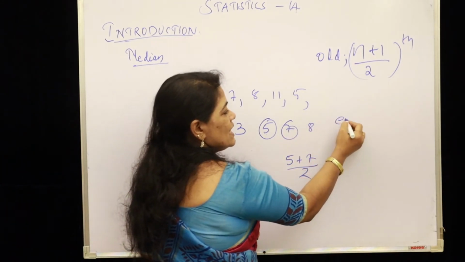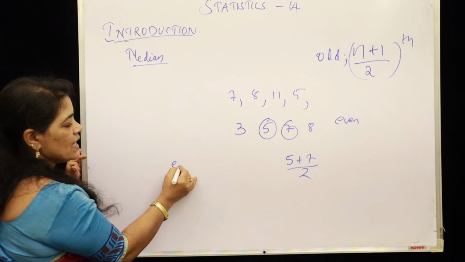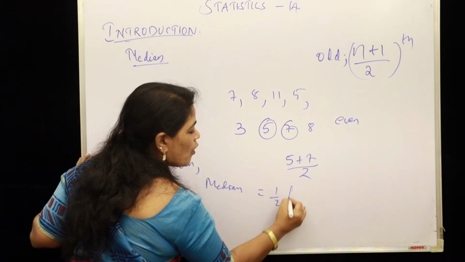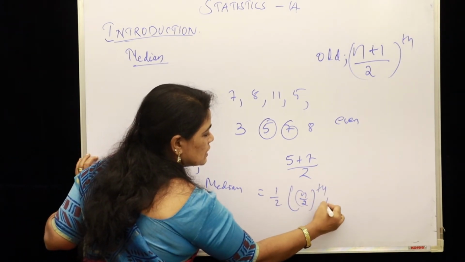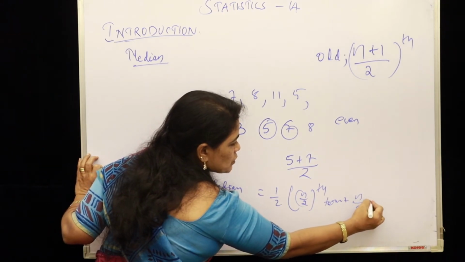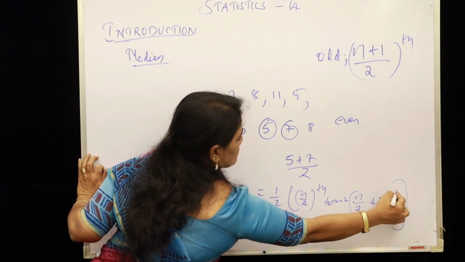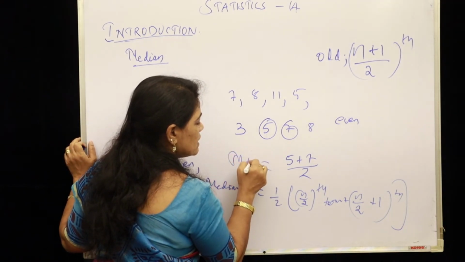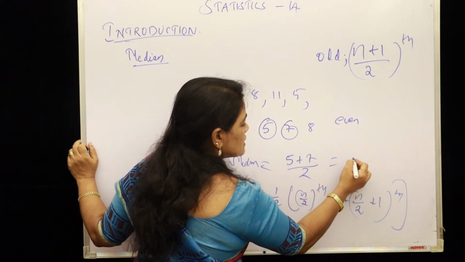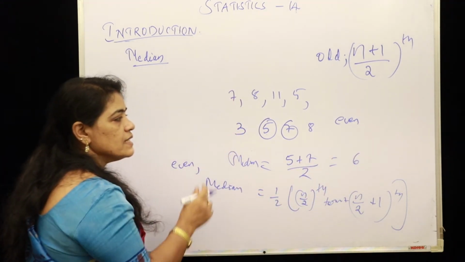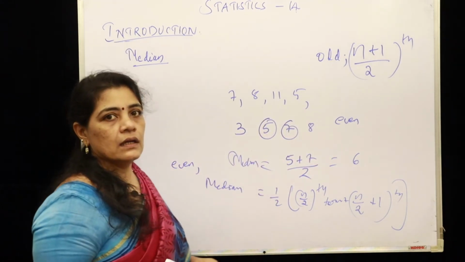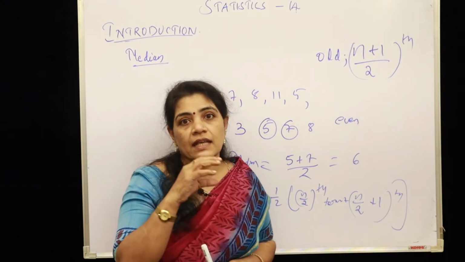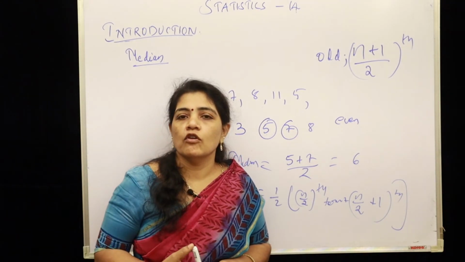If n is even, the median is half of the n by 2th term plus the n by 2 plus 1th term. So the median is 12 by 2, that is 6. So 6 is the median of the given observations. The median always lies exactly midway in the given observations.